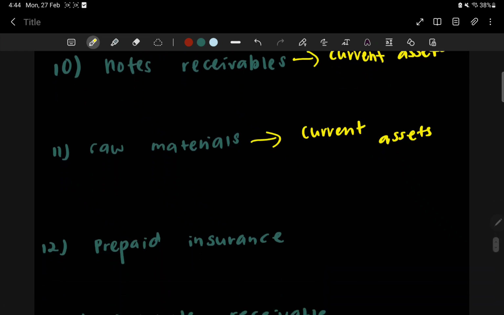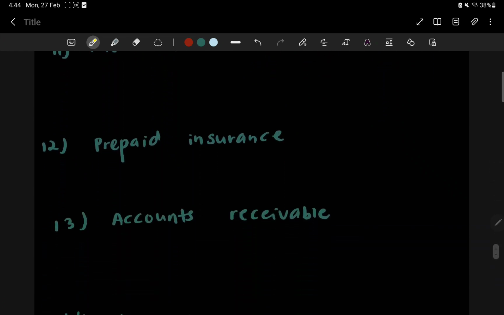Let's see this. How about the prepaid insurance? Prepaid insurance is also a current asset. How about the accounts receivable? The word receivable itself, you know, it is an asset. So is accounts receivable a current asset or a non-current asset?